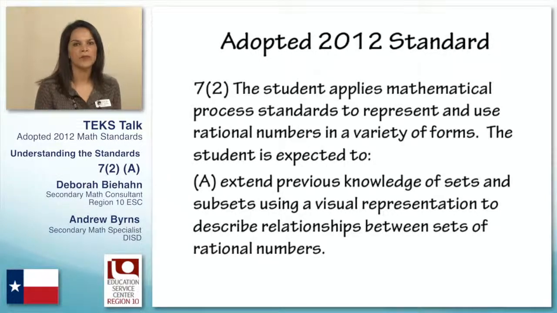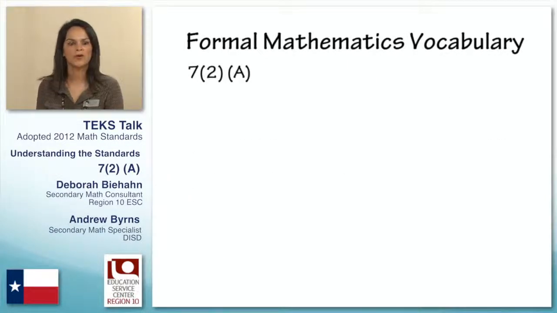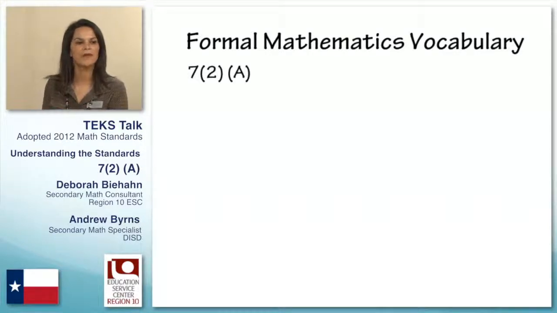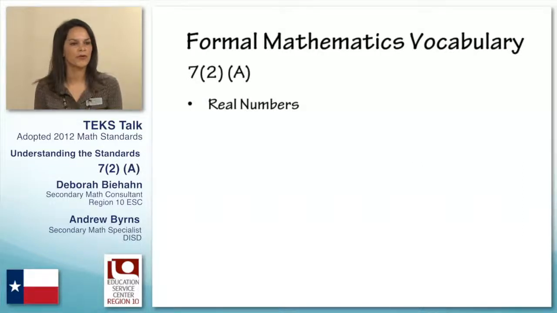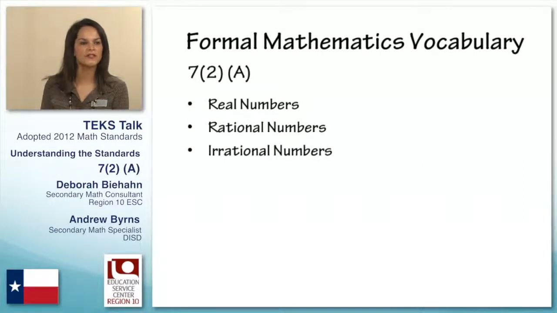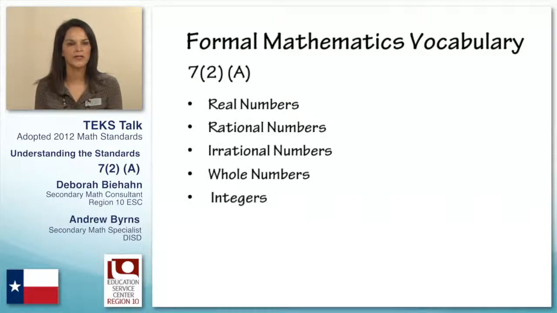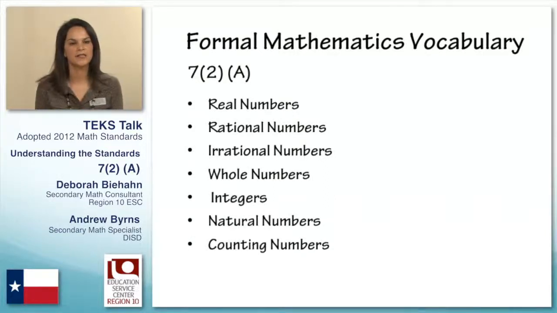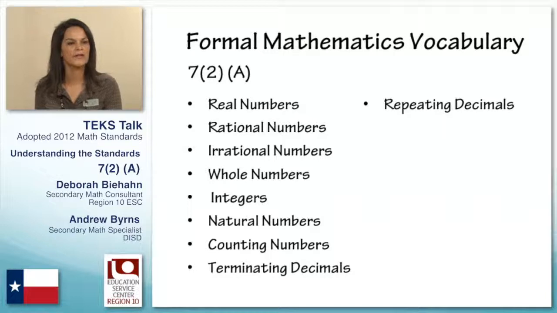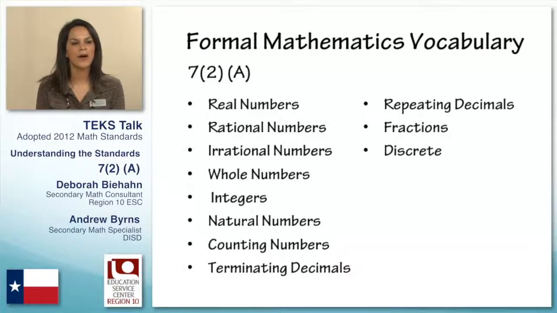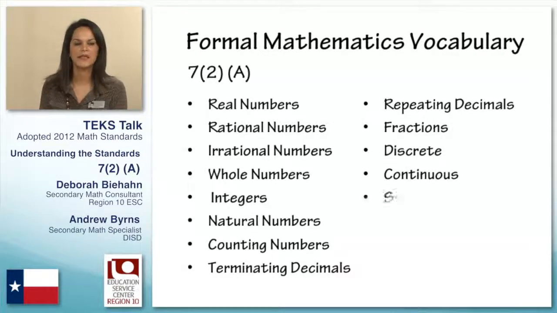While teaching 7.2a in the classroom, you will want to use the formal mathematics vocabulary in the list shown in part, including real numbers, rational numbers, irrational numbers, whole numbers, integers, natural numbers, counting numbers, terminating and repeating decimals, fractions, discrete, continuous, the property of density, set, subset, finite, and infinite.